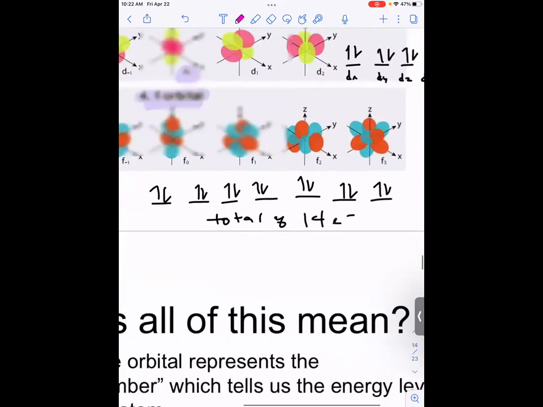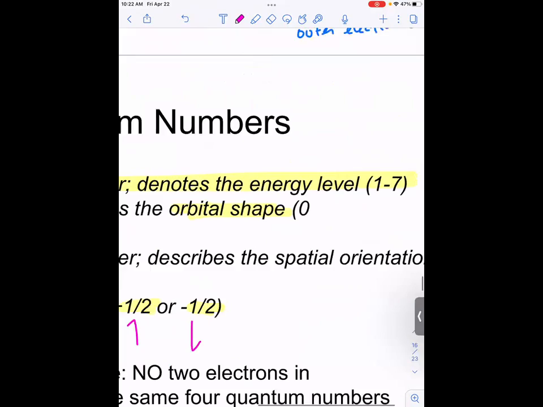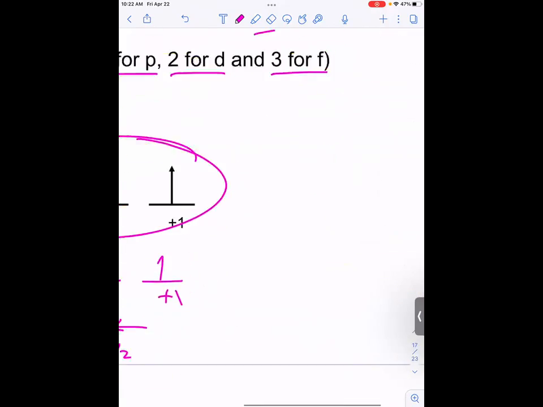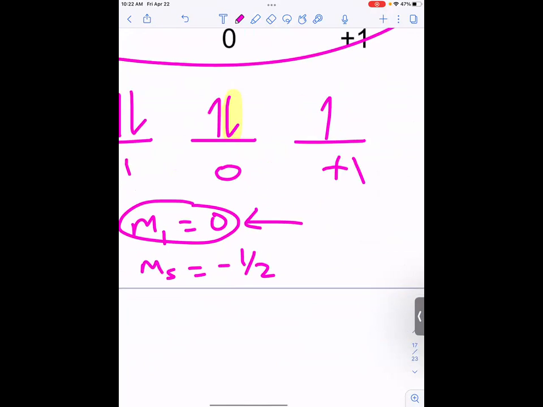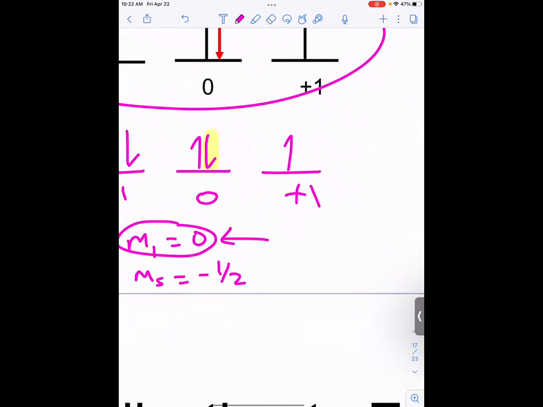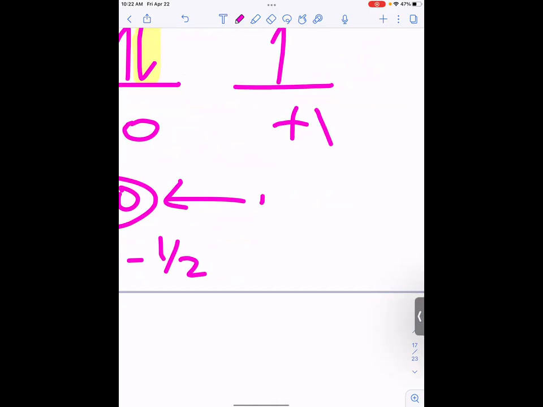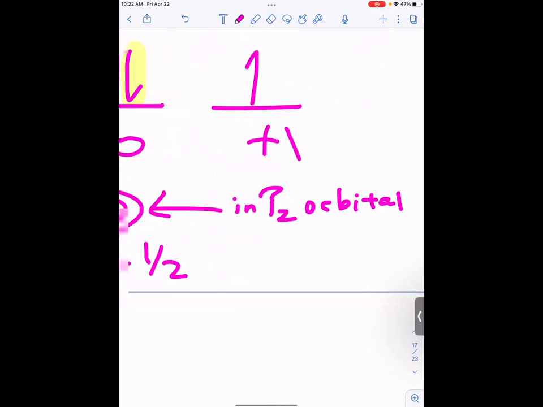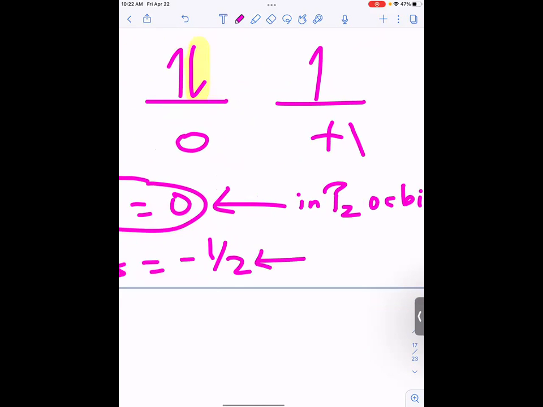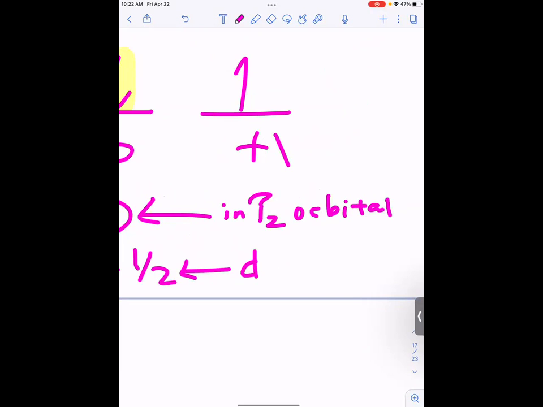So we'll say that M sub L is 0, means that electron is in the pz orbital. And then the minus 1/2 means it has a downward spin.